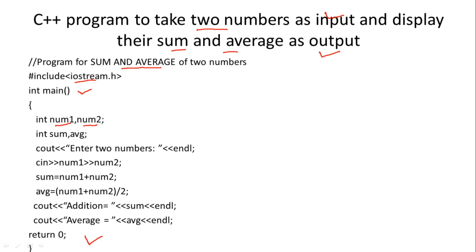So in our program we have used two variables num1 and num2, in which we will store the two numbers from the user. Then after performing sum and average, the sum will be stored in one variable, that is sum, and the average will be stored in the variable avg.